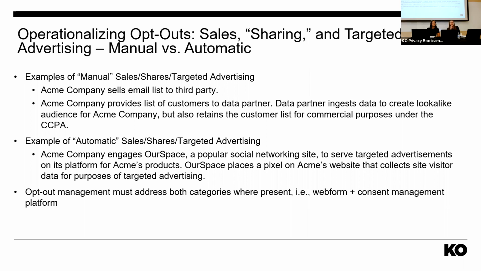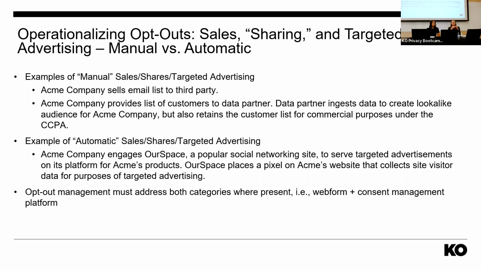A really common thing that I see with my clients is that the company will have all of the great consent management platforms up and running on the website, allowing users to opt out of the sale of their data from advertising cookies. But on the back end, we're also sharing customer lists, for example, a hashed email list with a data co-op or a data advertising provider. And we're doing that offline. So it's not that the sharing of data isn't done through the collection of data by a cookie or a pixel.